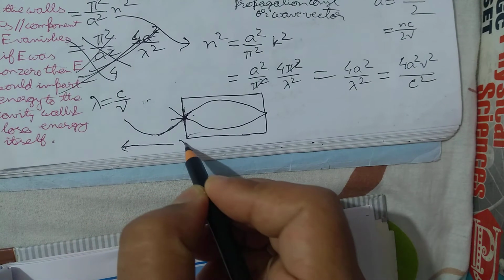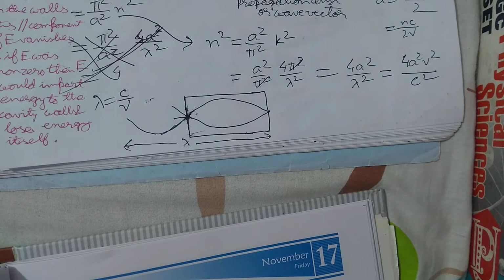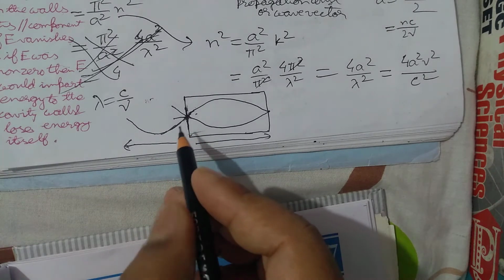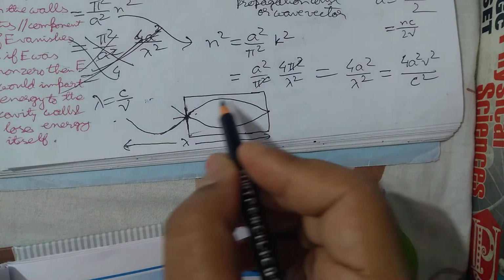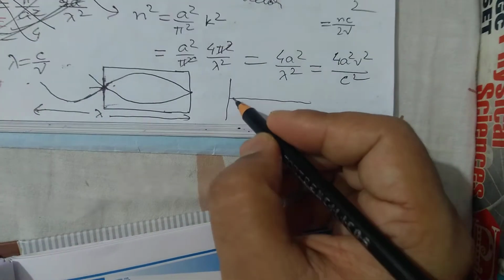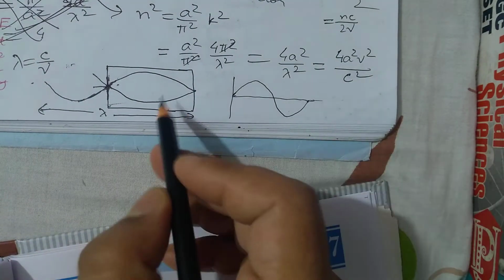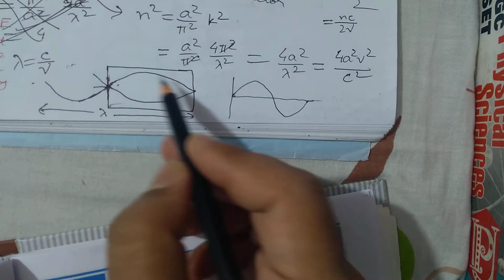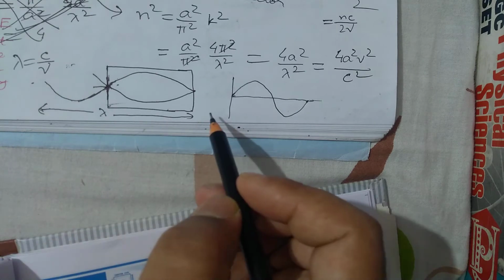This much is one complete wavelength. Actually I have not drawn it properly, it will be somewhere here. Here you are watching only this much part. So if you take it here, this is the total wavelength.